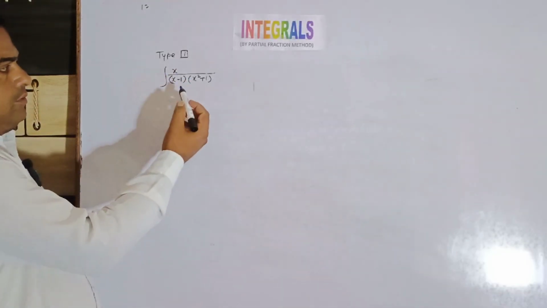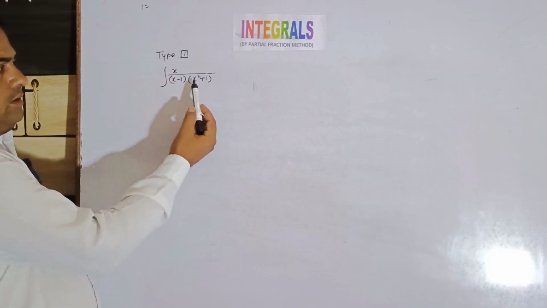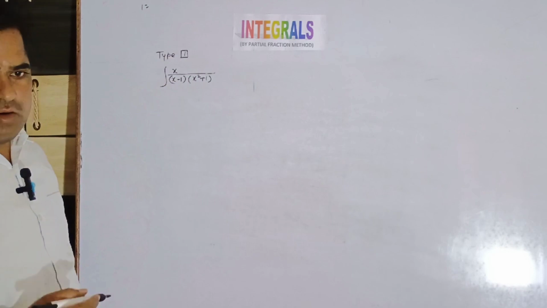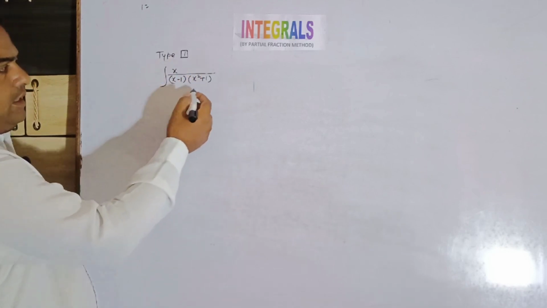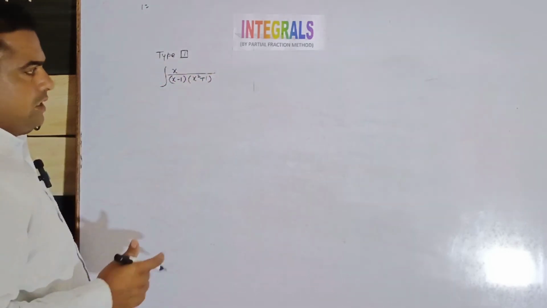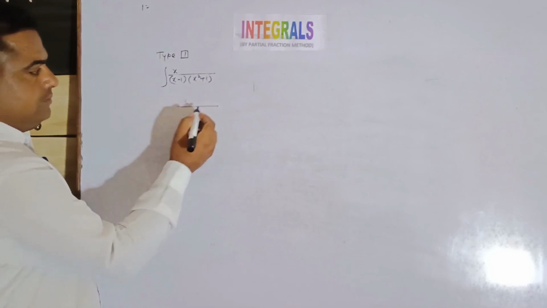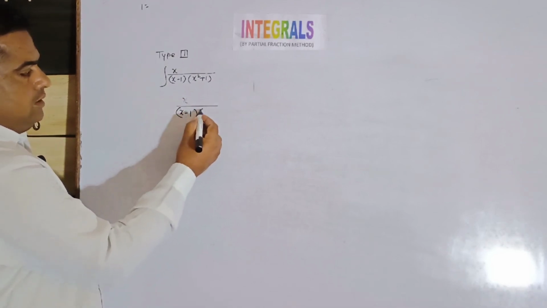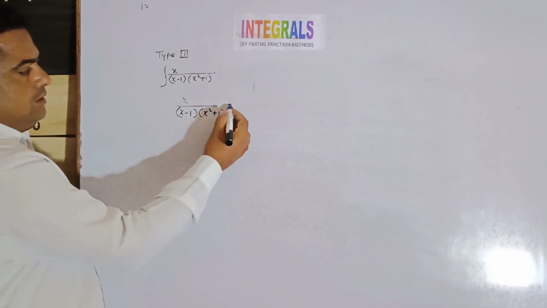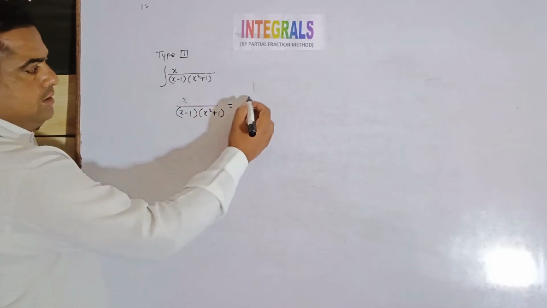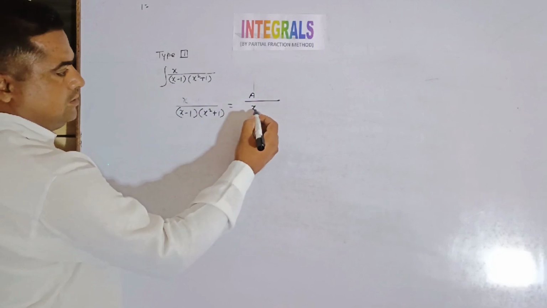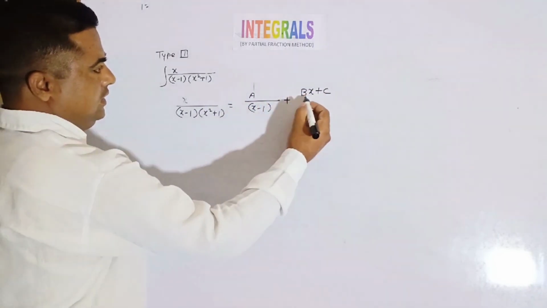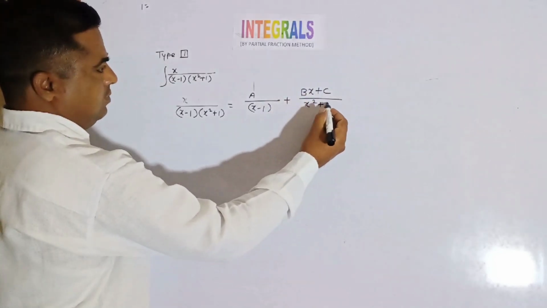Now our third type of question is x upon (x minus 1)(x square plus 1). We have to find the integral of this function. Now we are breaking this fraction into two parts. We can write x upon (x minus 1)(x square plus 1) as A upon x minus 1 plus Bx plus C over x square plus 1.